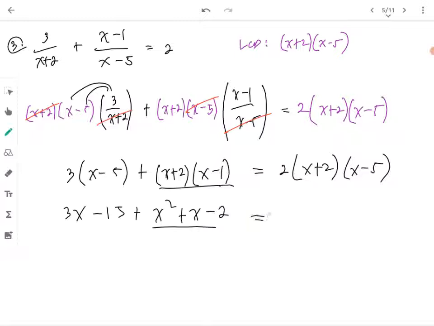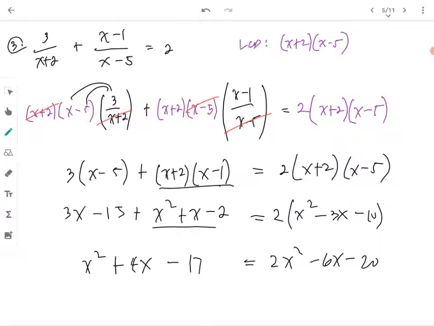Then here we have 2 times, this one is x squared minus 3x minus 10. Okay, we can combine the x squared first. Then we can combine positive x and 3x, that gives us 4x. We can combine negative 15 and negative 2, that's negative 17. Then we can distribute the 2.